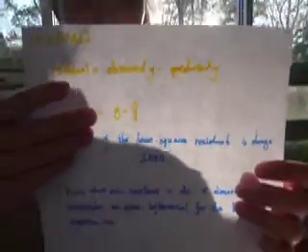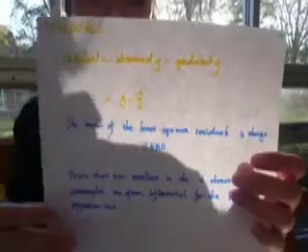The next thing we're going to talk about is residuals. A residual is the difference between the observed value of the response variable and the value predicted by the regression line, as shown here. Residual equals observed y minus predicted y, or y minus y hat. The mean of the least squares residuals is always 0.